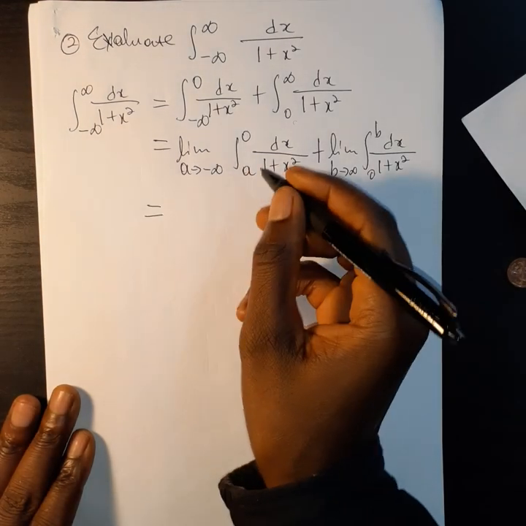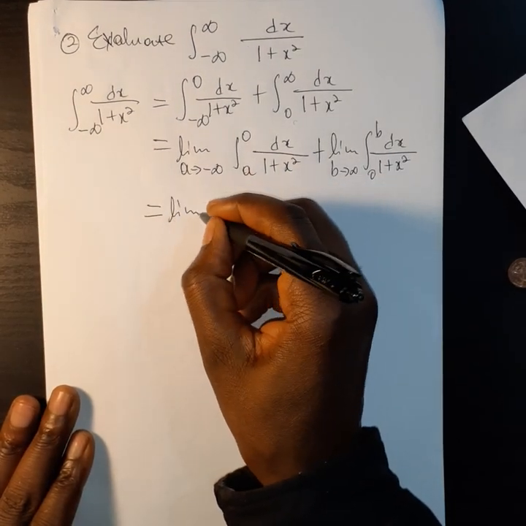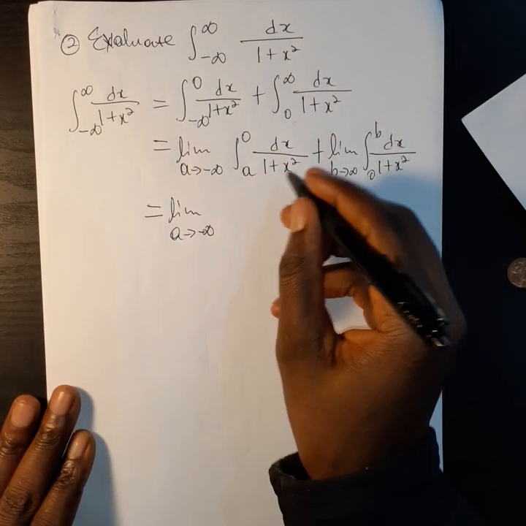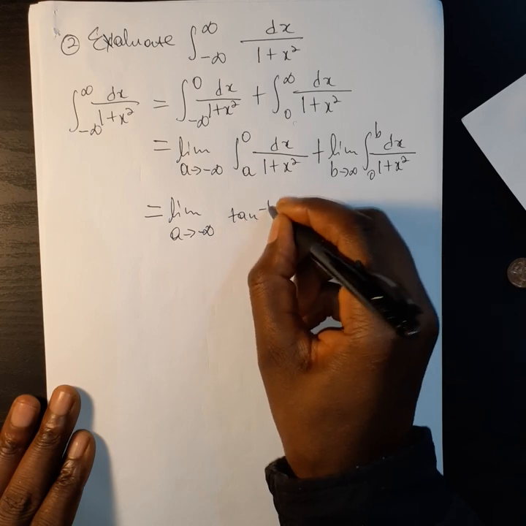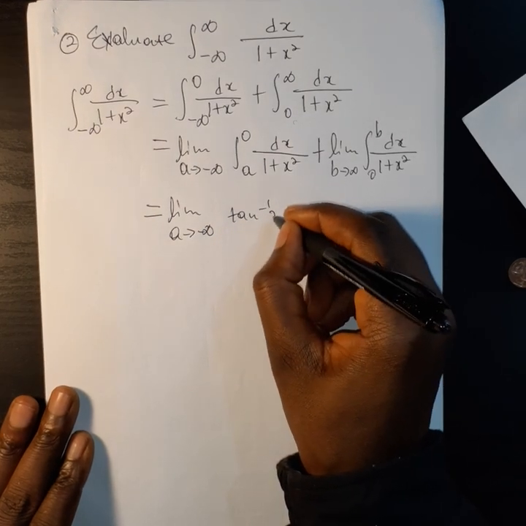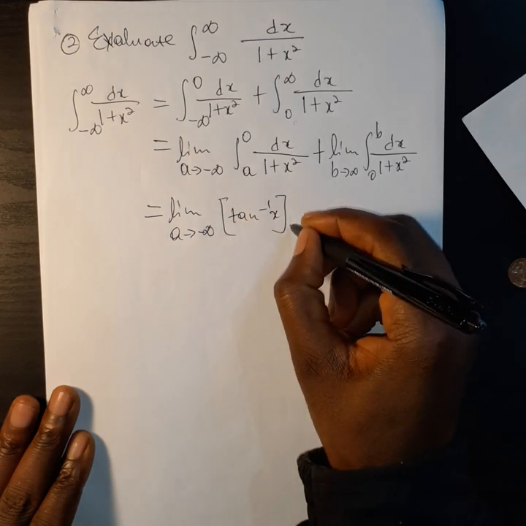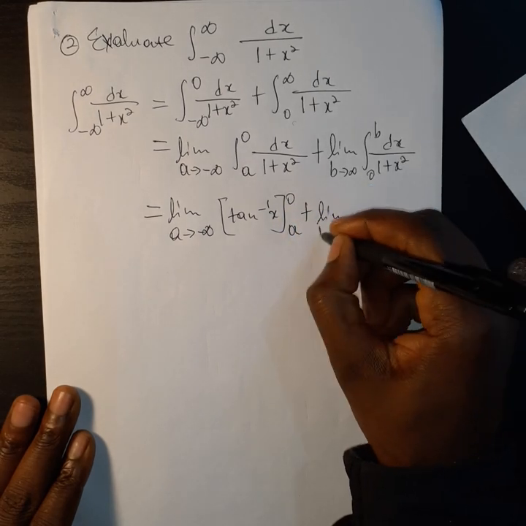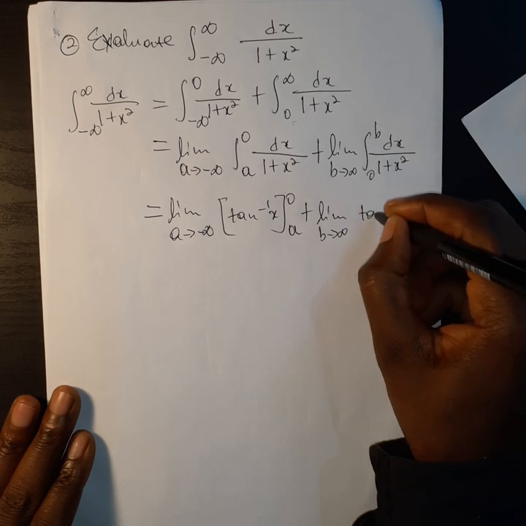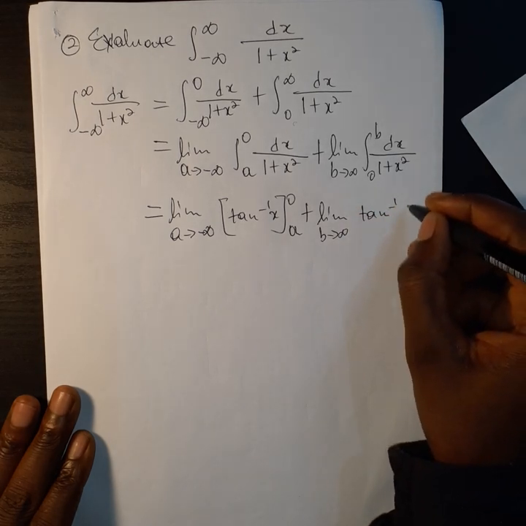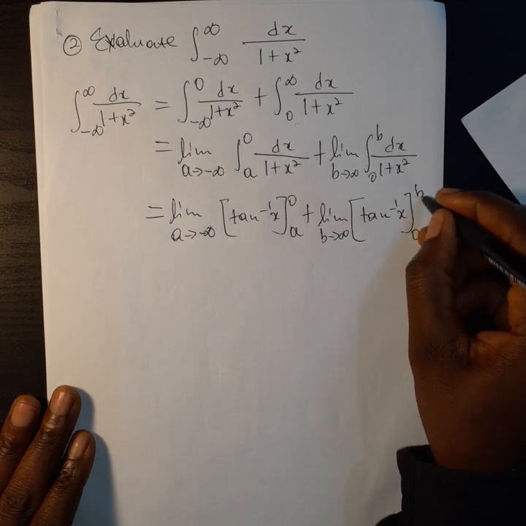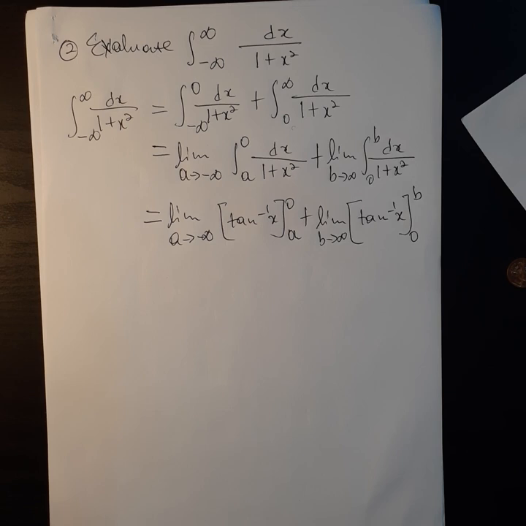This now is going to give us the limit, a is approaching minus infinity. What is the integral here? The integral is arctan of x from a to 0 plus the limit, b is approaching infinity, arctan of x from 0 to b, like that.